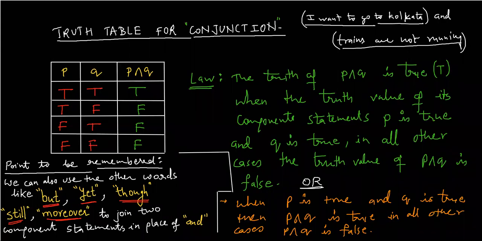I can remove this and I can write here but. So I write here, I want to go to Kolkata, but trains are not running. So what is this but doing here? But is once again playing its part, which is in place of and. But is a substitute here in place of and. So but is same as and here. Similarly, we will get the examples where we will have yet, though, still, moreover. So you can copy this also.